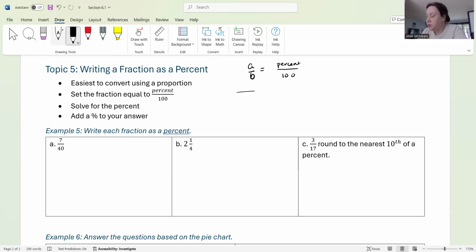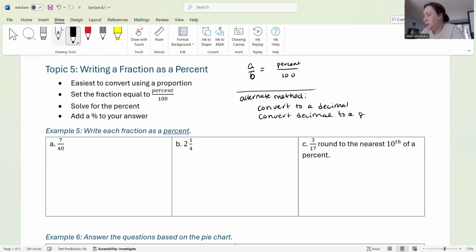Now, the other alternate method: you can convert to a decimal. So convert your fraction to a decimal and then convert the decimal to a percent.